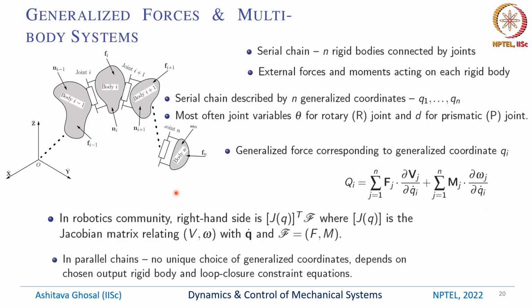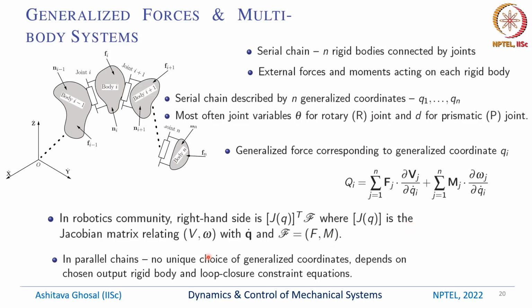In parallel chains, we don't have any unique choice of generalized coordinates. I will show you some examples with a 4-bar mechanism, which is a very simple parallel chain, that depending on how you write the loop closure equations, we can have a variety of ways of choosing generalized coordinates.